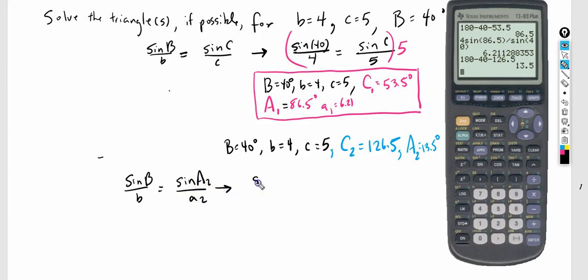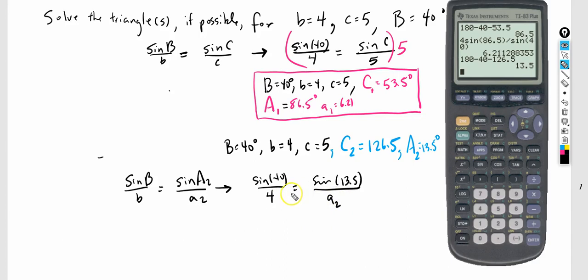And so that's going to give me sine of 40 over 4 is equal to sine of 13.5 degrees over a sub 2.